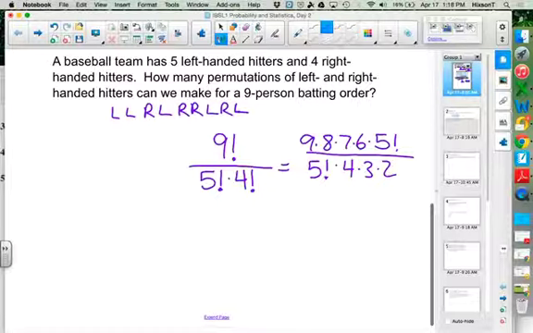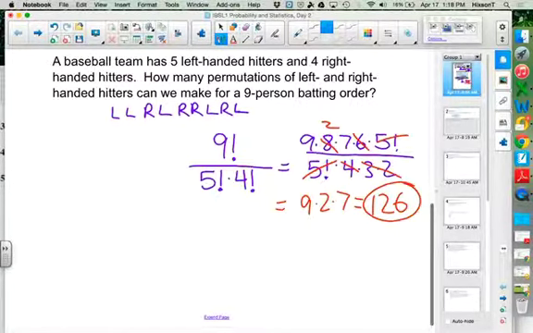So we can cancel out the 5 factorials. 6 is 3 times 2, so I can cancel those out. And then 4 goes into 8 twice. So this whole thing equals 9 times 2 times 7. 126 different batting lineups. And that's just by looking at left or right-handed.